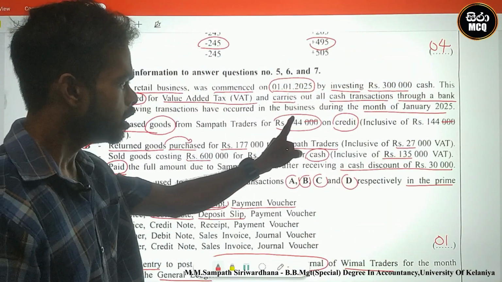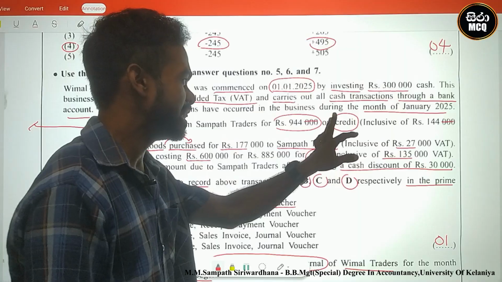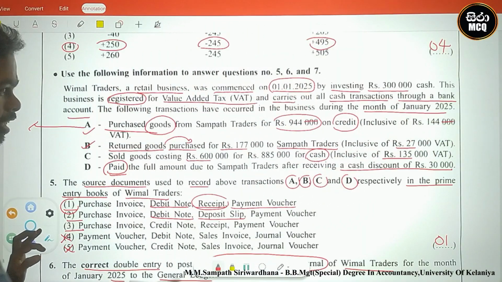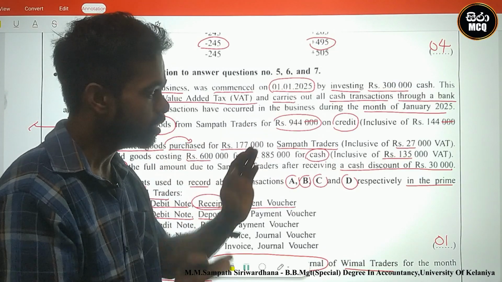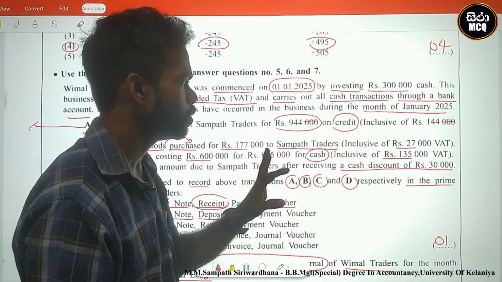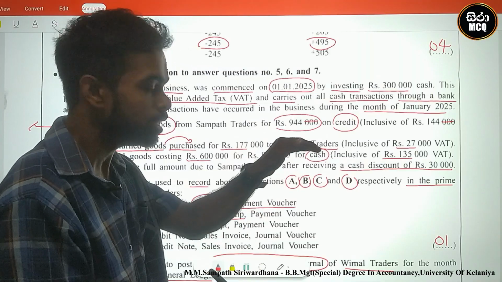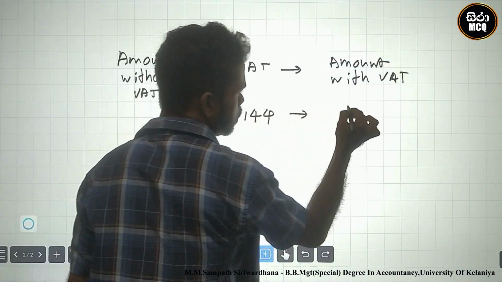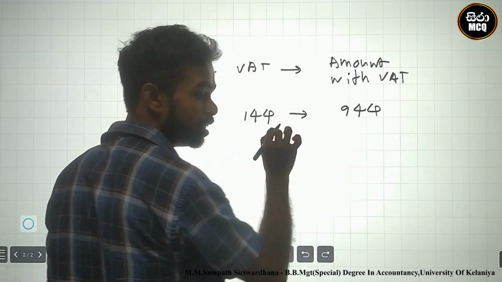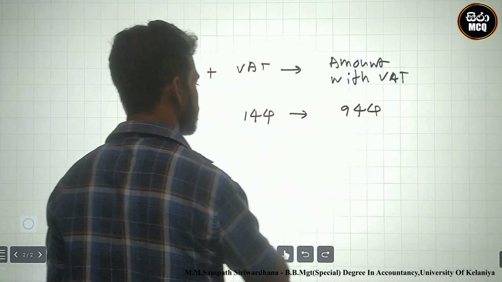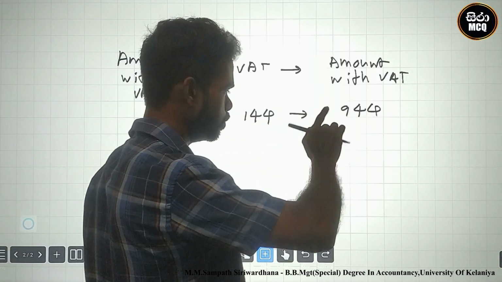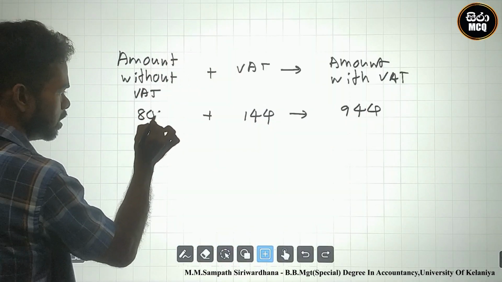There is a 944 credit purchase inclusive of 144 VAT. Therefore, 944 is the total, inclusive of 144. The VAT is 144. 944 is the total, the VAT is included in this. Without VAT it is 800.